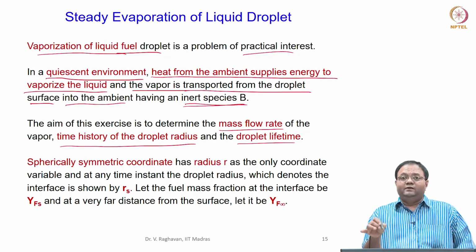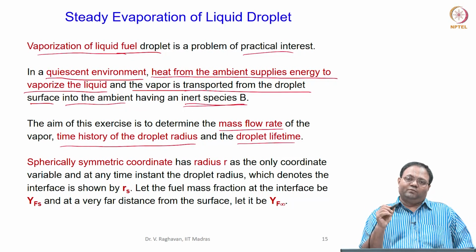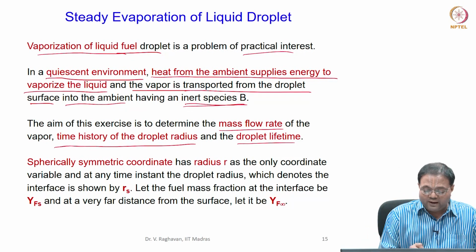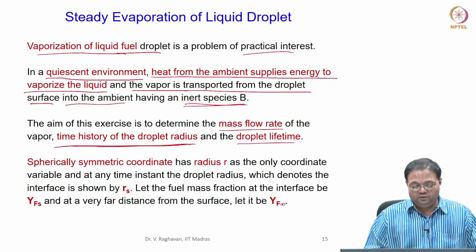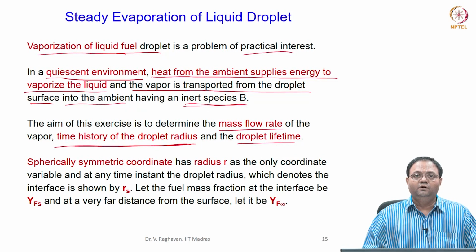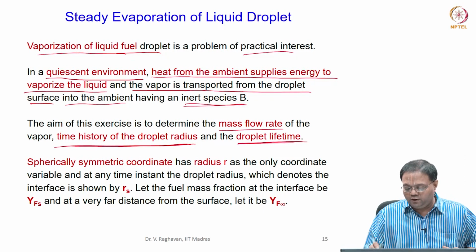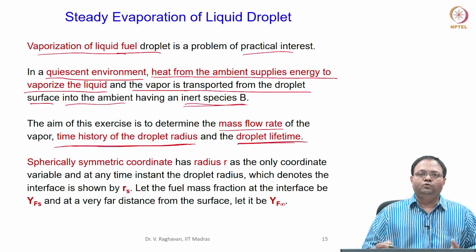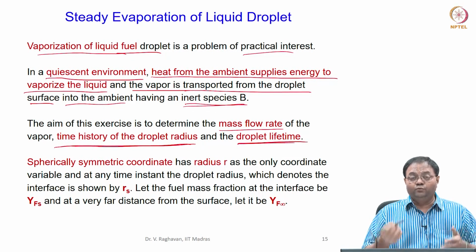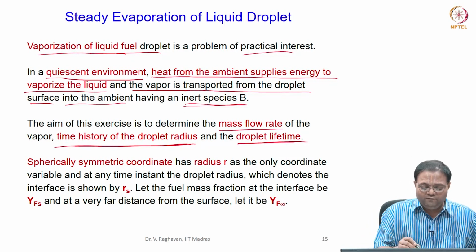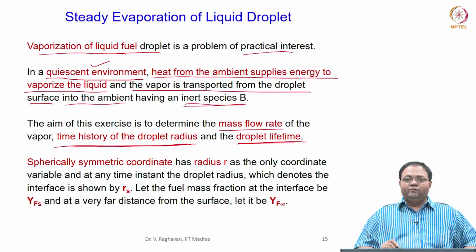Here, this appears to be an unsteady problem, correct, because we are now looking into the time history of the droplet radius, initially having some radius value, then going to 0 at the end of the droplet lifetime. So, what is that time? It depends on the temperature, the fuel, and other parameters like convection if present. In this case we are going to look into only the quiescent environment.